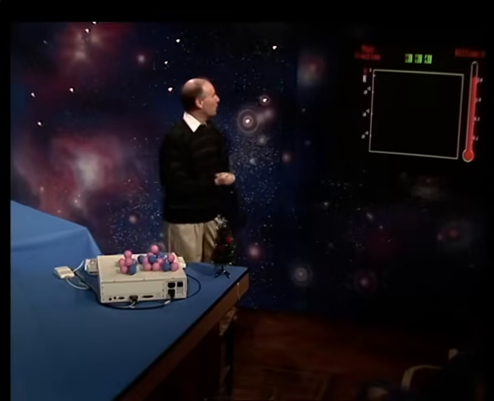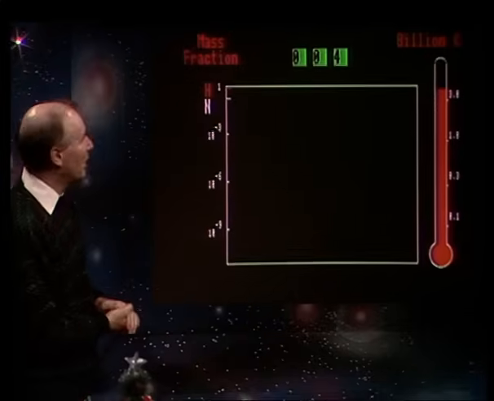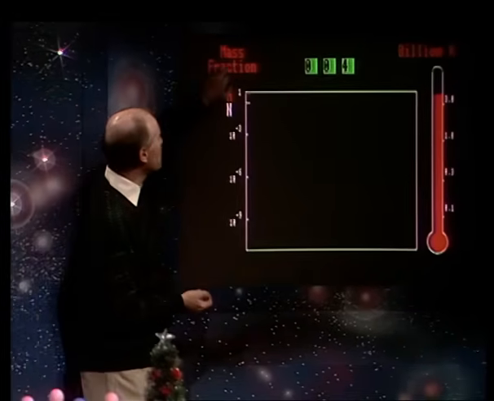Now, let me show you what happens in slightly more detail. I'm going to show you the first 12 hours of the universe, and we're going to run the clocks forward in time following the nuclear reactions as they go on. Now, on this computer demonstration, what we've done is to show the mass fraction.